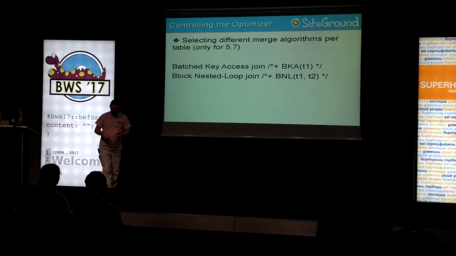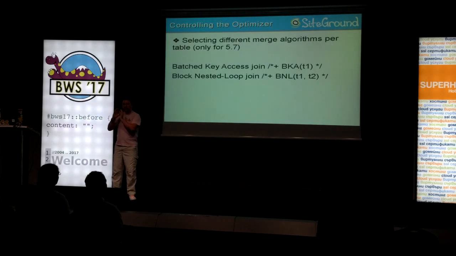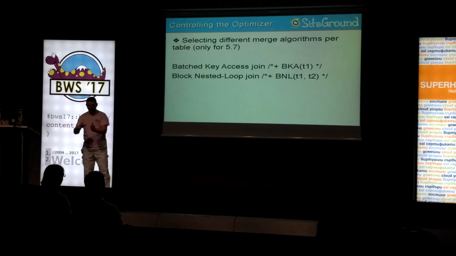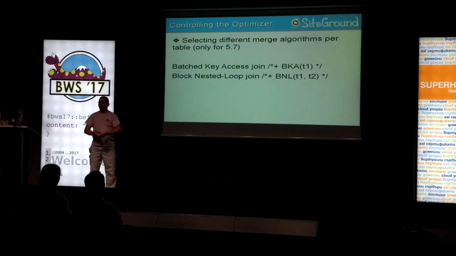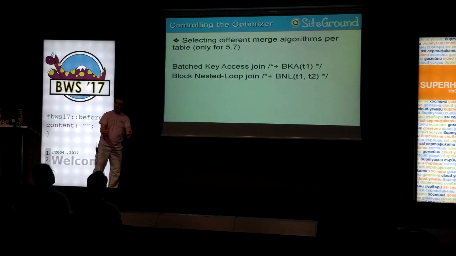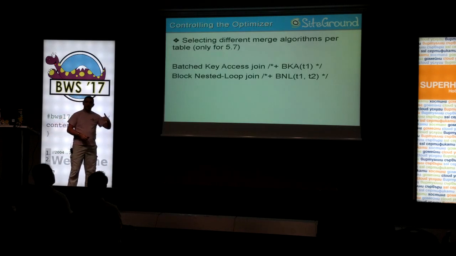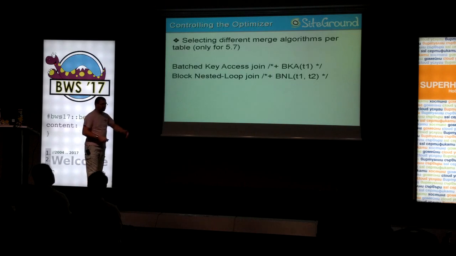Batch key access and nested loops: you can change the way the optimizer is using your queries for joins. First, both nested loop joins are simply a full scan of all of your tables based on the where clause that you have given.